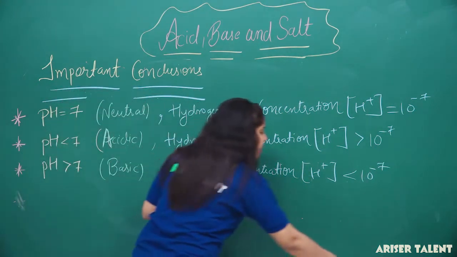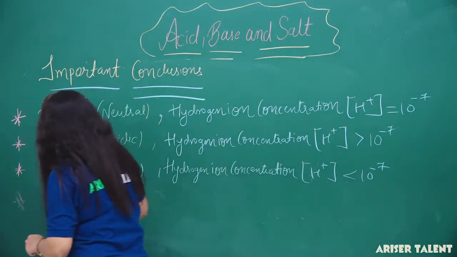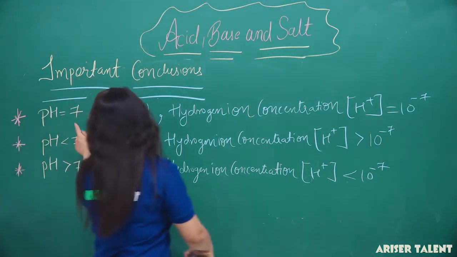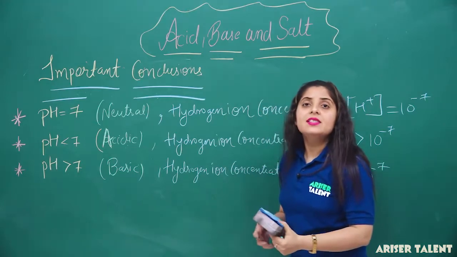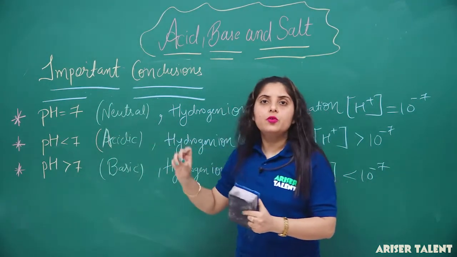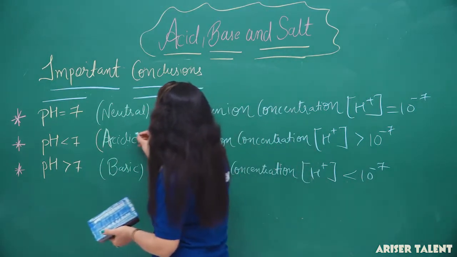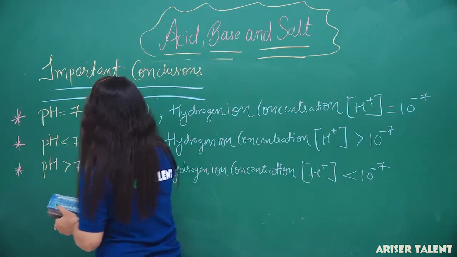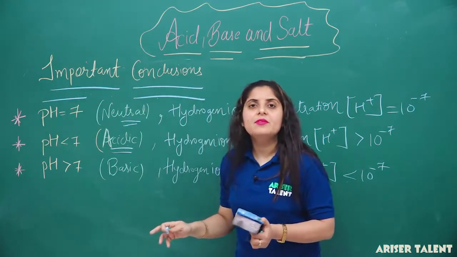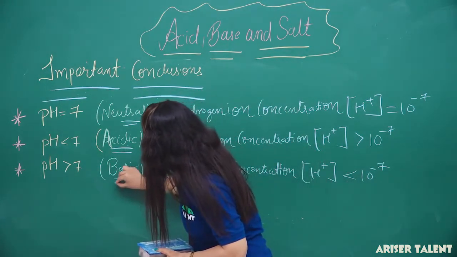So these are the general concluded results for acid, base and neutral solutions. If the pH is 7, the solution is neutral. If the pH is less than 7, the solution will be acidic. If the pH is greater than 7, the solution will be basic in nature.